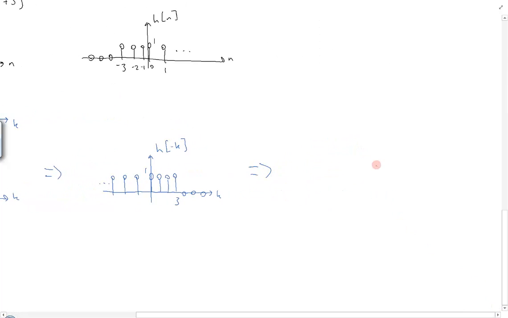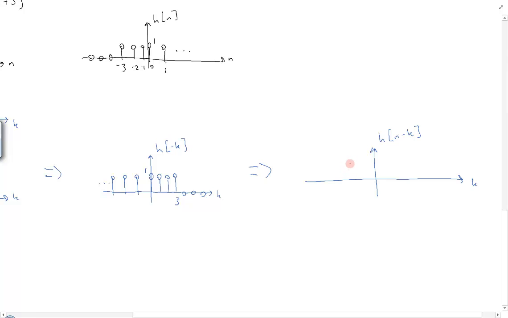And the next step then is to create our h of n minus k, and that's just going to be a shift by n of the entire h of minus k. Now n in this case is no longer the variable along the x-axis, but rather you can consider it to be a constant for the purposes of drawing this function.